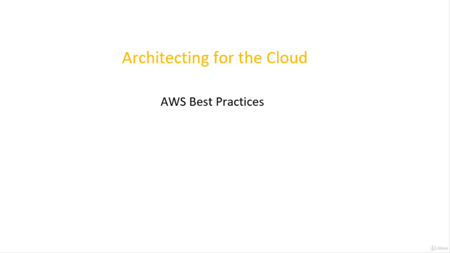Another thing is security built in. On traditional IT infrastructure, security auditing would be a periodic and manual process. The AWS cloud instead provides governance capabilities that enable continuous monitoring of configuration changes to your IT resources.